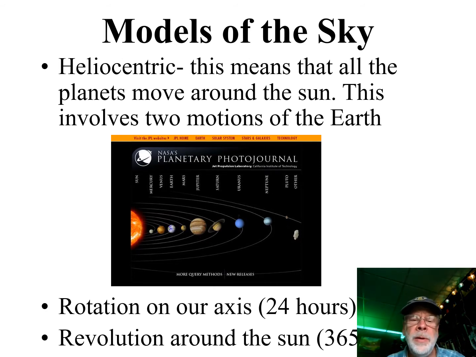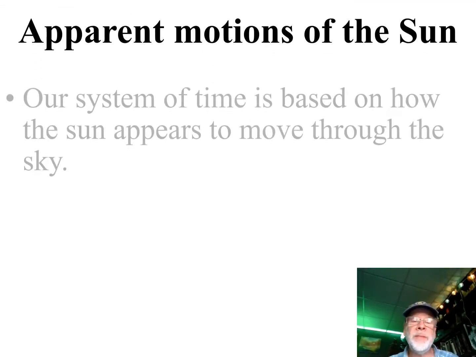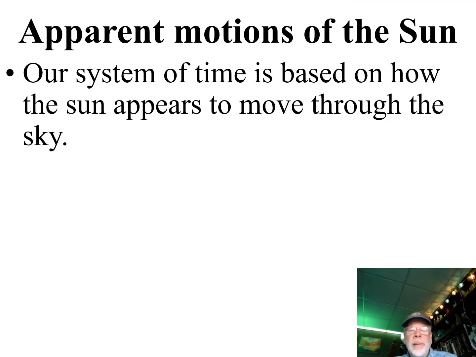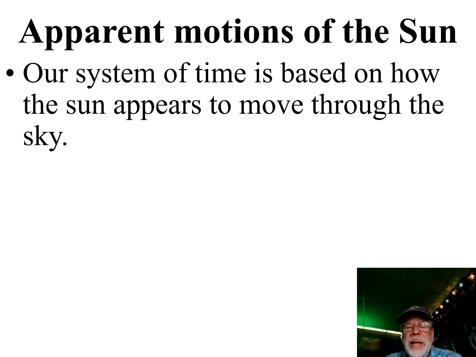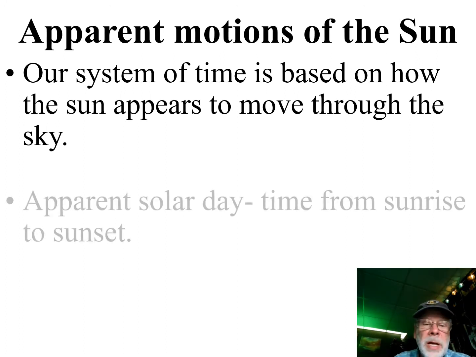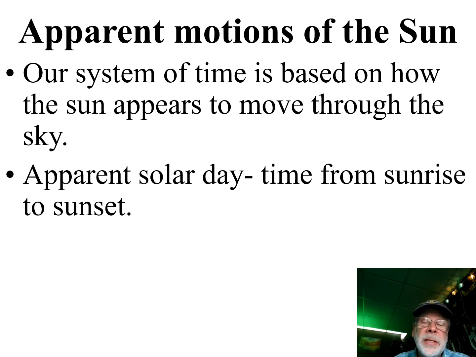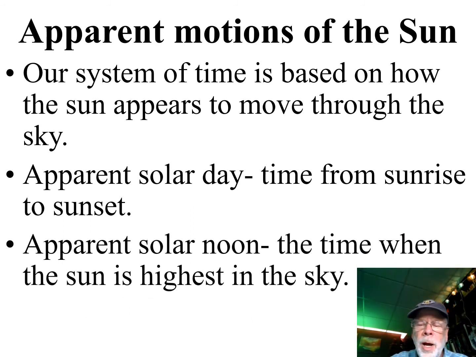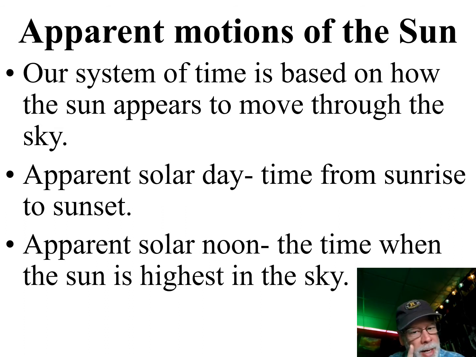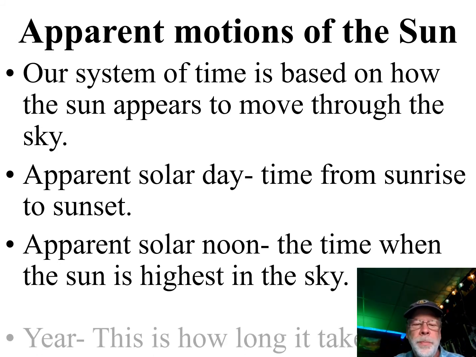Helio means the sun, and heliocentric means sun-centered. Right? So we have certain apparent motions of the sun. Our system of time is based on how the sun appears to move through the sky. An apparent solar day is the time from sunrise to sunset. Apparent solar noon is the time when the sun is highest in the sky. Okay, it's not ever overhead in New York State, but it appears highest in the sky at apparent solar noon.